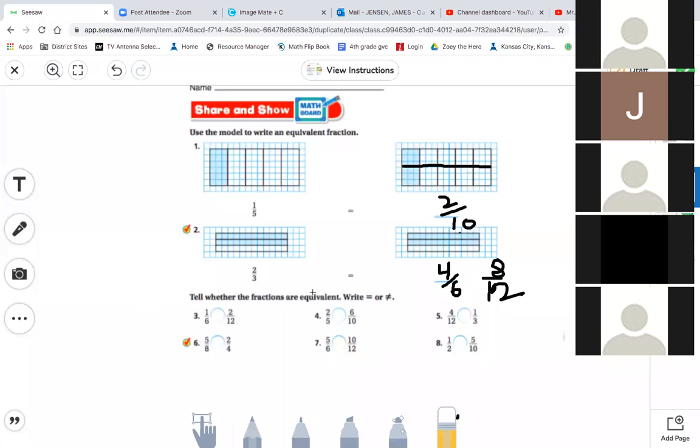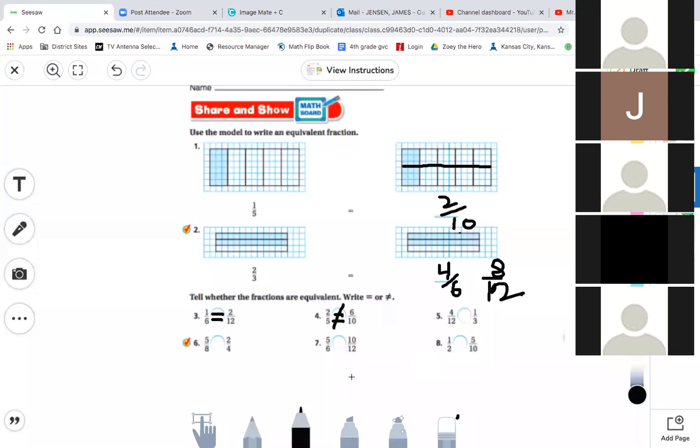Now everybody look down here at these 3, 4, 5, 6, 7, 8. They want you to decide if these are equivalent or not. If they're equivalent, you give it an equal sign, like that. If they're not equivalent, you make the equal sign with a slash through it, like that. All right.